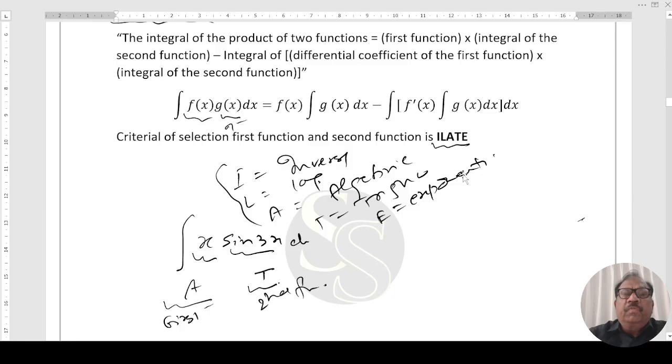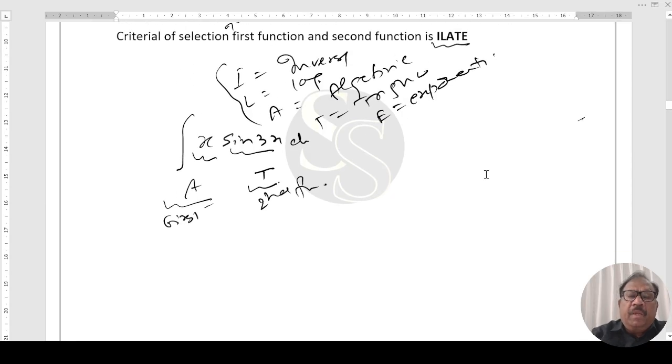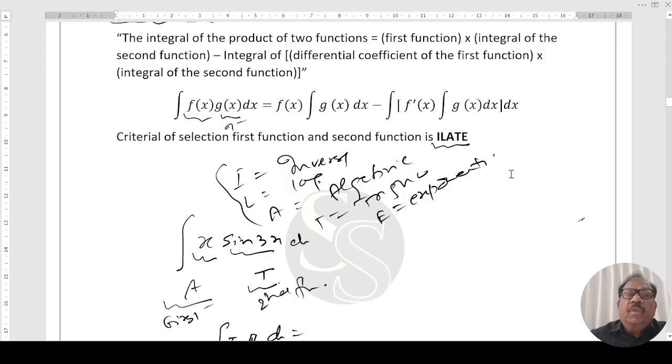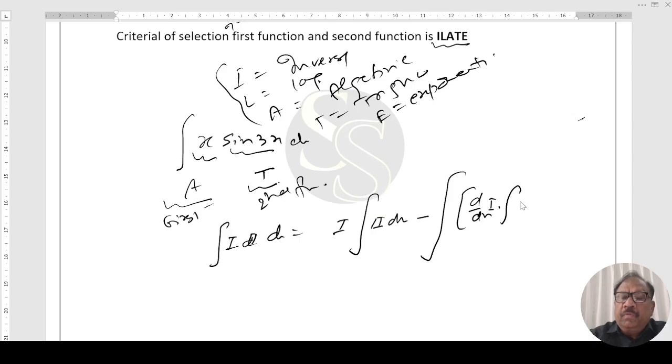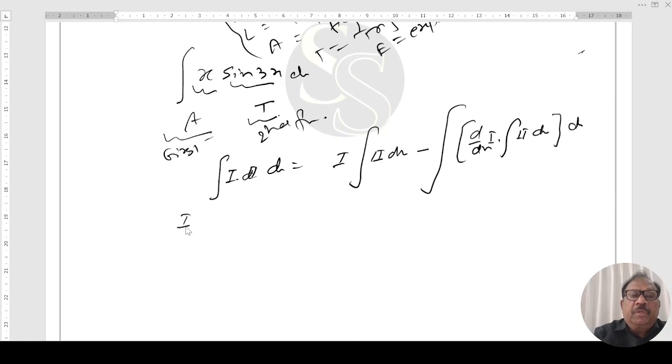Then according to the formula, the integration of a product of two functions is: first function into integration of second function, minus the whole integration of differentiation of first function into integration of second function. Now in this case, the first function is x, the second function is sin 3x.